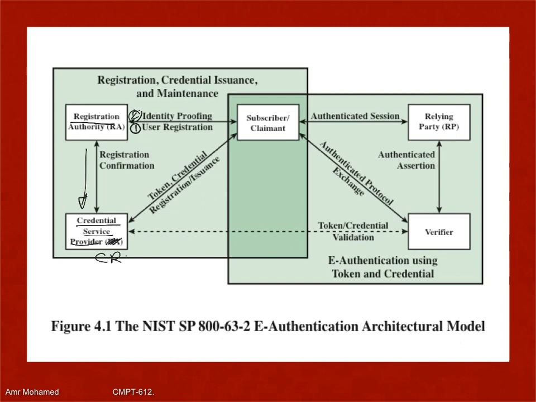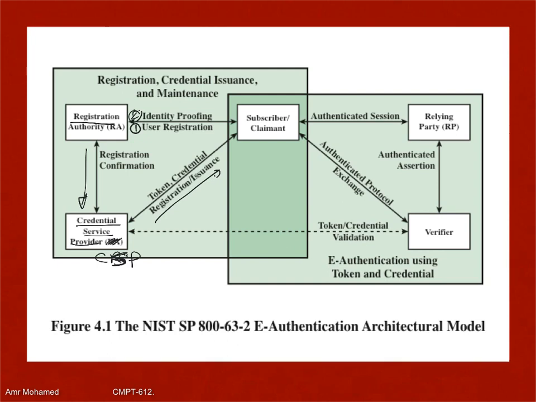This credential service provider, this CSP, will engage with the subscriber, or the person, to create the credentials, which could be in the form of, for example, a user ID and password, or I can ask you some questions and answers and so on.